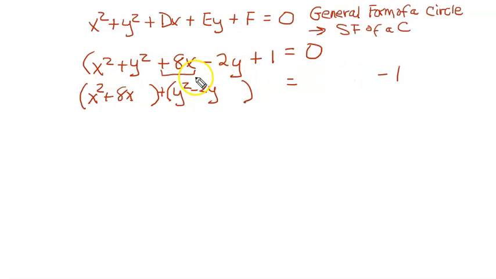I'm just repositioning things. Now, we're going to use this process of what we call completing the square to turn this binomial into a trinomial by getting a term here and getting a term there that will let me get binomials that are squared.